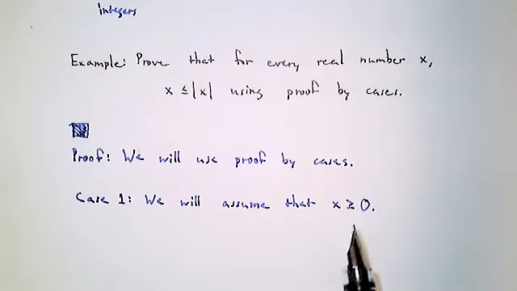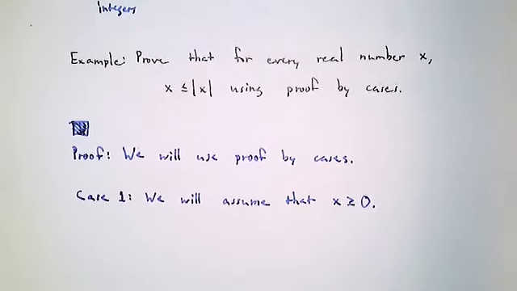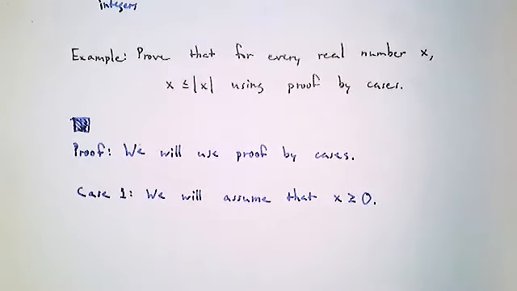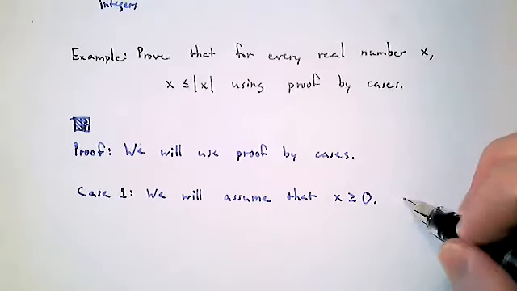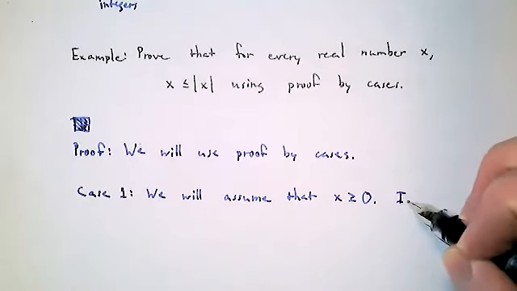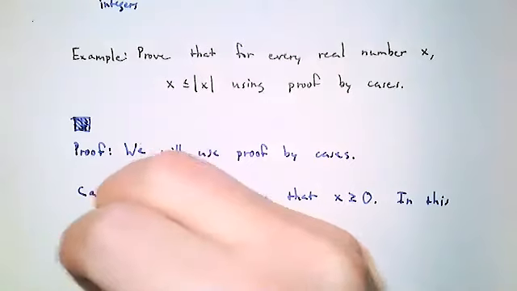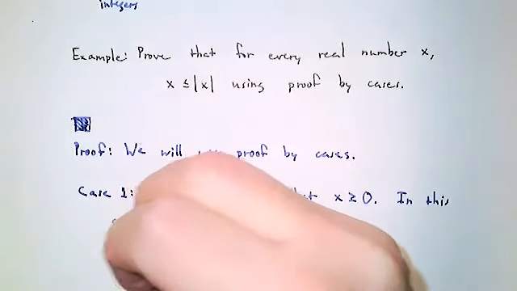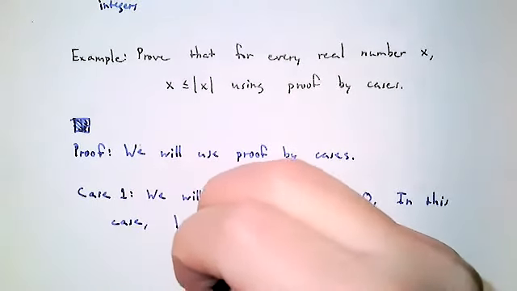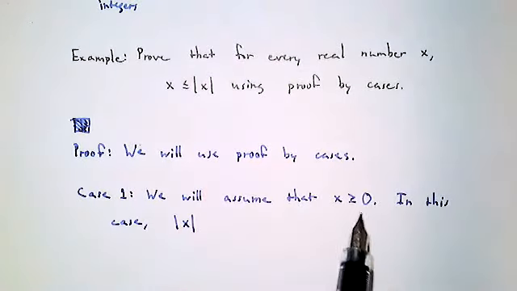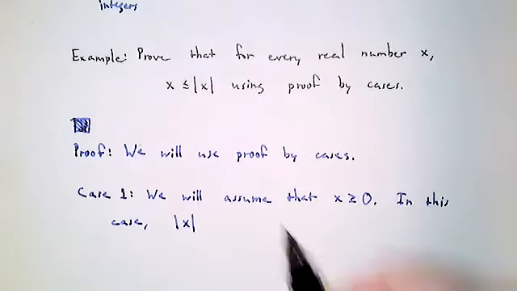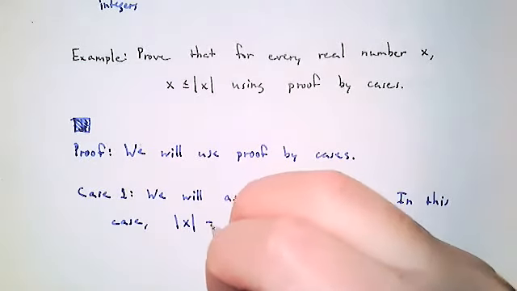So in this case, where x is greater than or equal to 0, let me write a few of those words. In this case, the absolute value of x, since x is greater than or equal to 0, is actually equal to x itself.